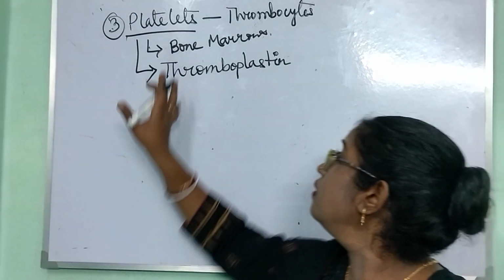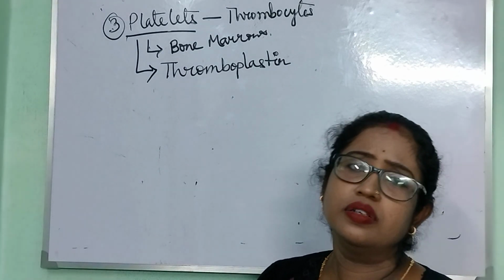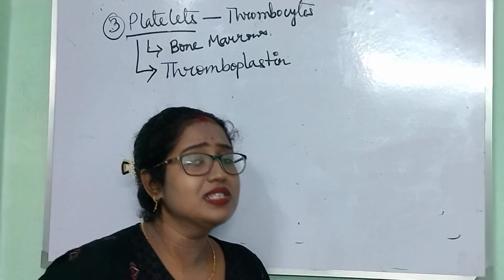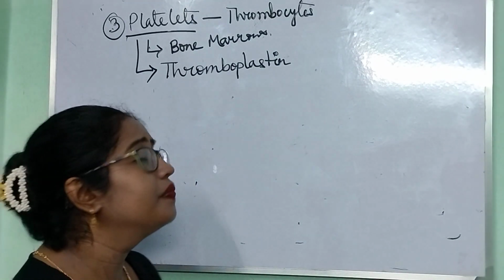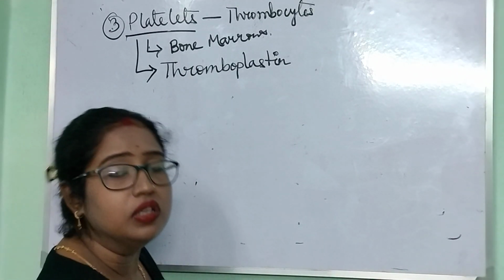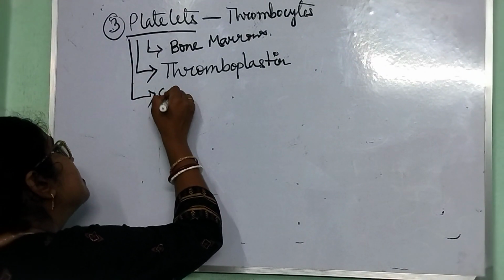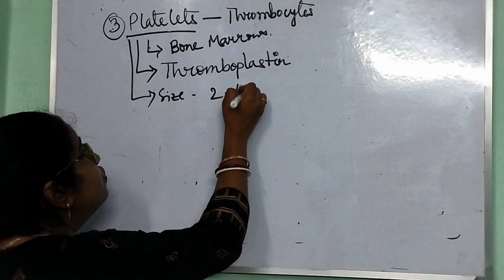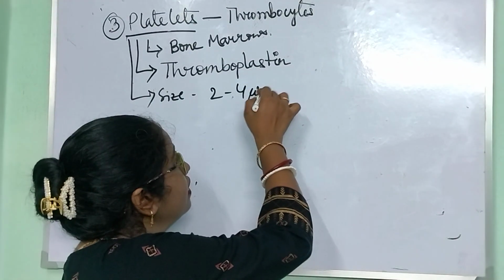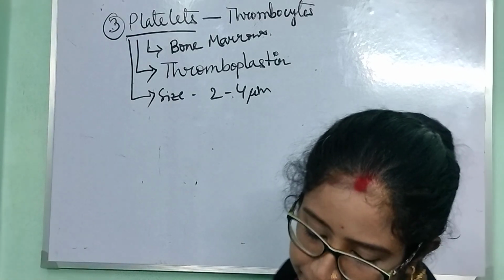Platelets are very low in number compared to RBCs and WBCs, and their size is also very small, ranging from 2 to 4 micrometers only.